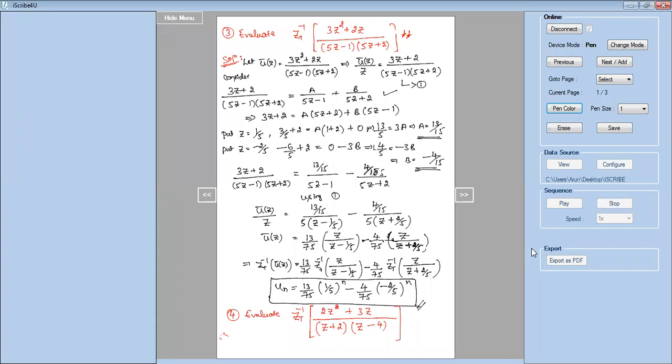So this is also a problem in which the factors are linear, non-repeated. So you have to find the inverse of this by using the procedure whatever we have applied for the three problems here. Right? So this is how we can find the inverse Z transformation of a function when we have linear, non-repeated factors. Right?